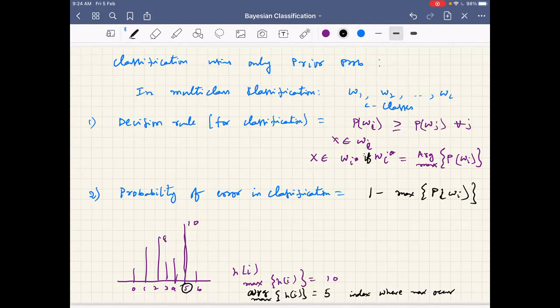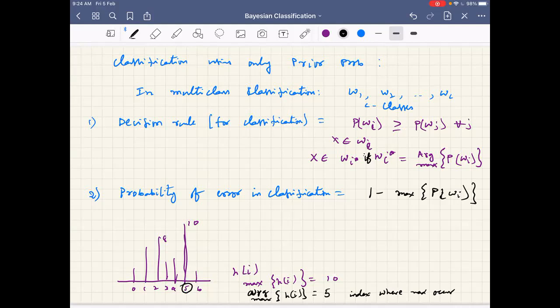You can't write here the minimum of P of omega i. Please note that. Can we write the minimum of P of omega i? No, sir, because P of omega 2 and omega 3 both may be 0.2. We are classifying only with the maximum probability, and we are confident only up to that.